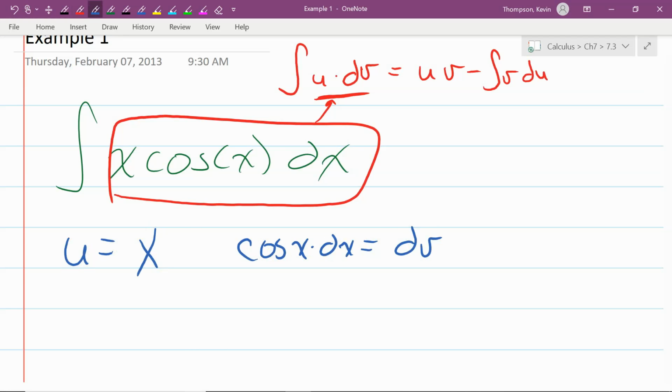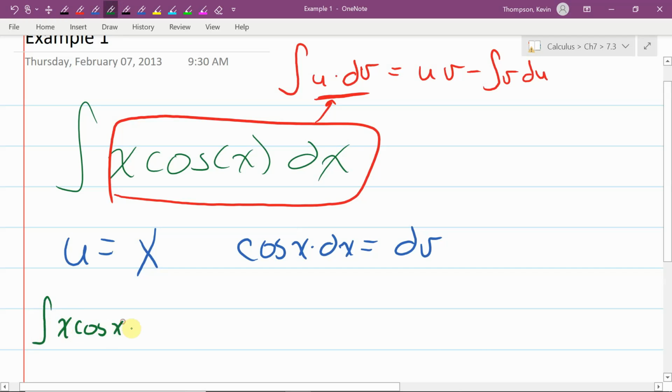First I'm going to prove that it works, and then we'll see how I knew that was the right substitution to make. So the answer to the original problem, x times the cosine of x dx, should be u times v. I know what u is, it's x. I don't have v, but I could get it.